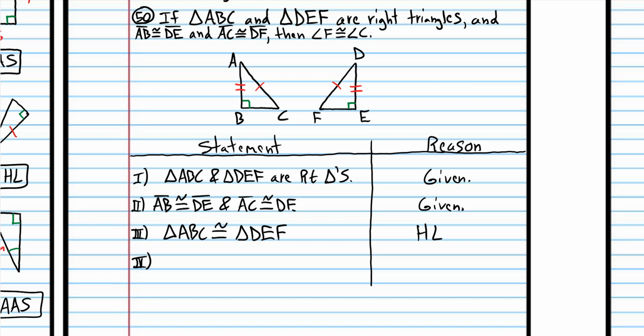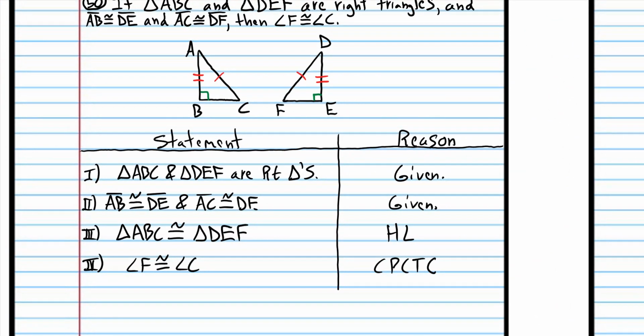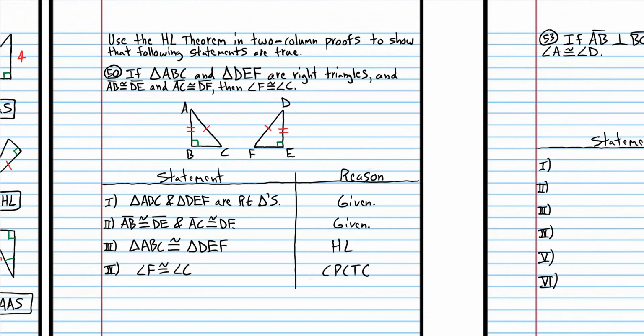So now that we know that the triangles are congruent, we can say that corresponding parts are congruent. So we now know that angle F is congruent to angle C by CPCTC, because those are corresponding parts. Those are corresponding angles. So that was just one example of how you would use HL in a proof.